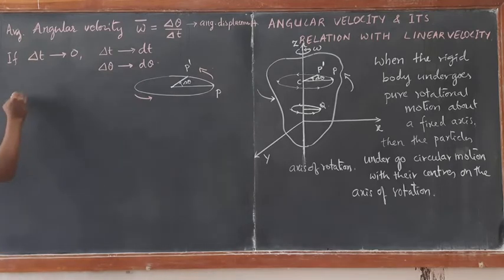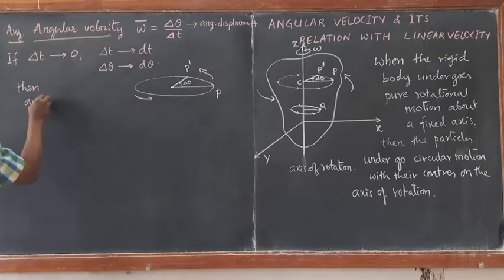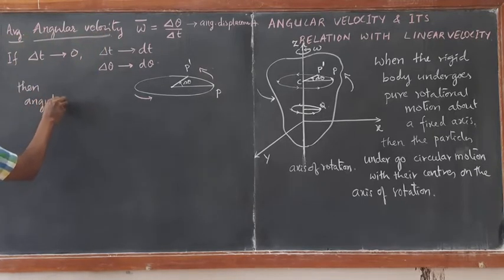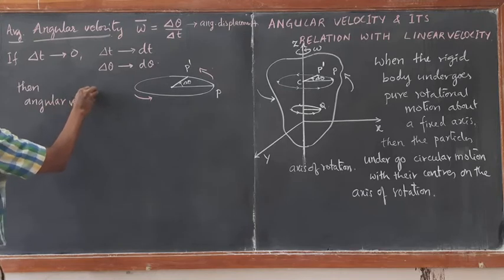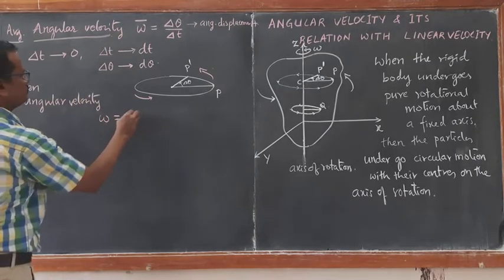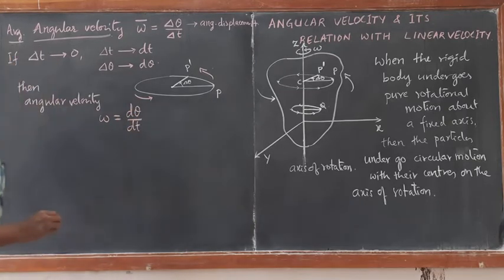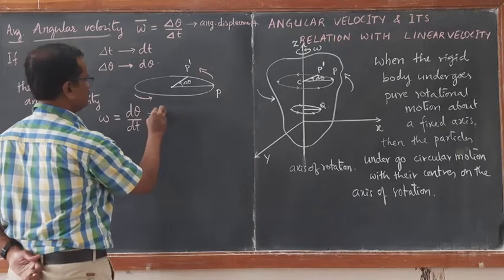Then we define angular velocity. This is average angular velocity. Now we define angular velocity. Angular velocity of this particle, omega, is equal to d theta by dt.